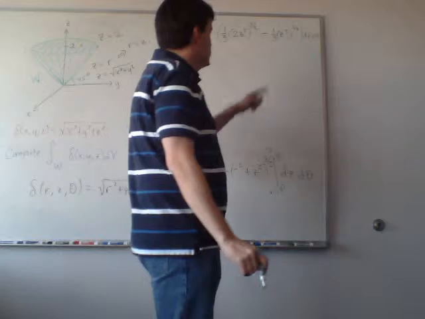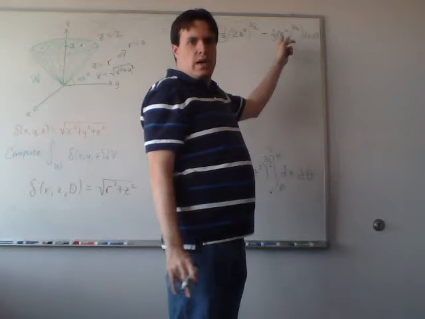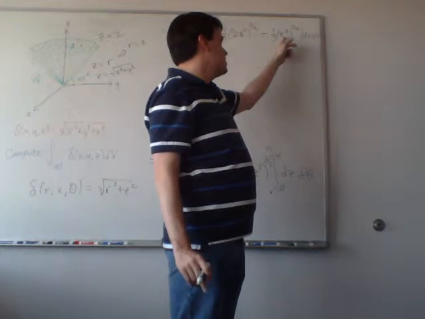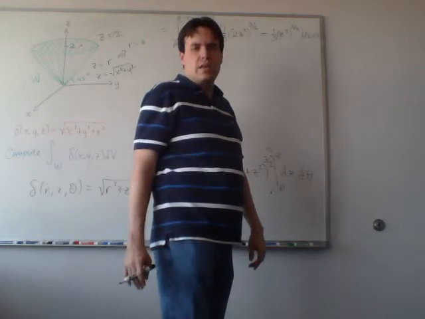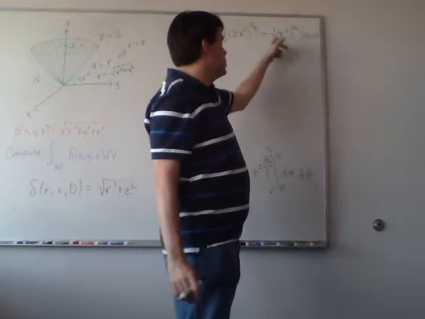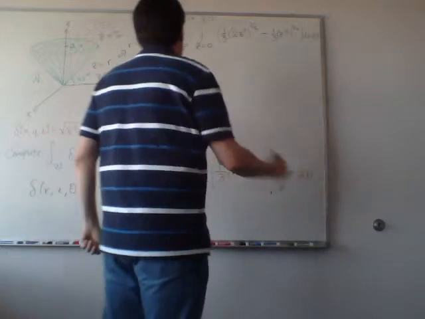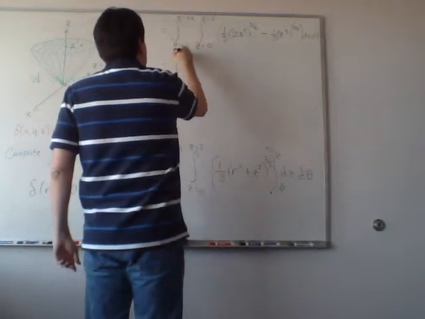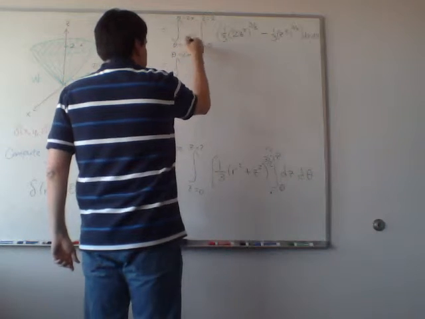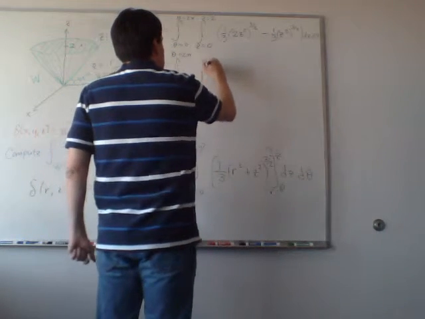And in fact, because z is always positive in this problem, I don't have to worry about issues that might occur if I take something squared to the 3/2, like needing absolute values and stuff. This is just going to be 1/3 times z cubed, I think. So I've got integral from theta equals 0 to 2 pi. Don't worry, we'll get to the point where we figure out what to do with theta in just a bit.